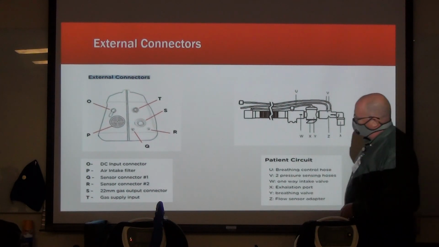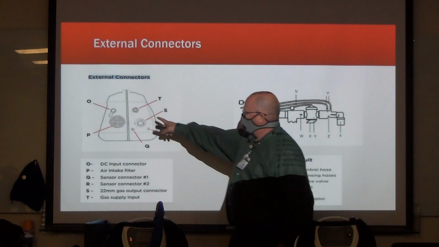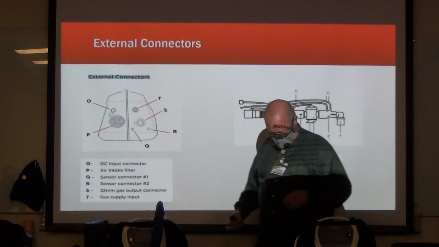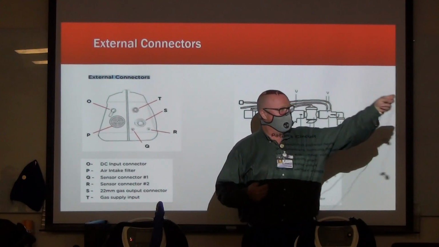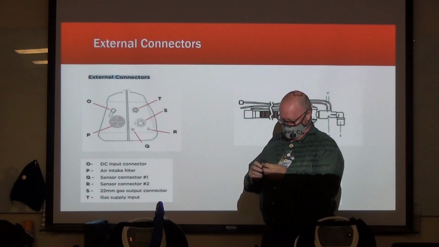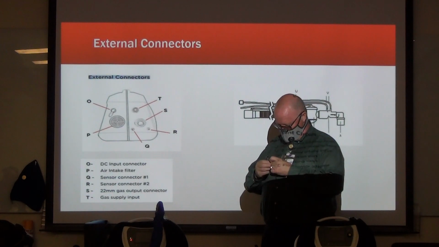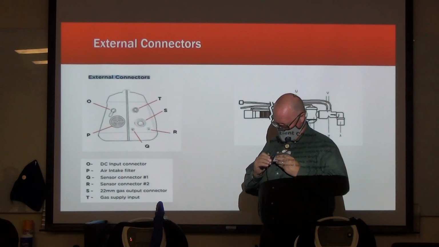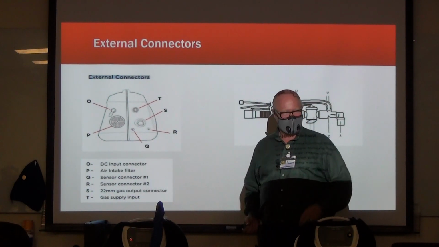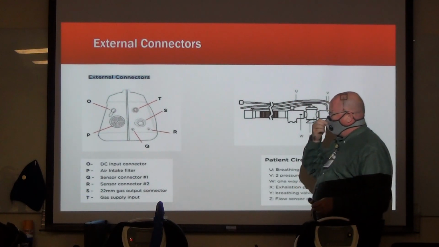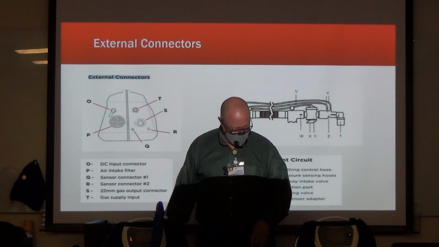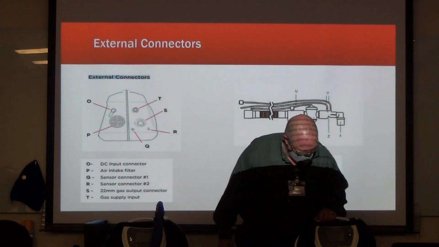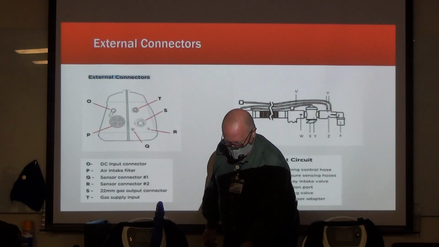All right. So T is the high pressure, which then goes to the regulator. Oh, let's talk about that. So where is it at? I have two of them. Here's one right here.